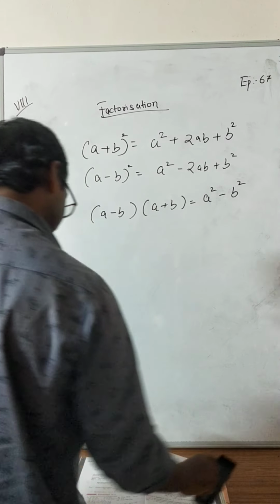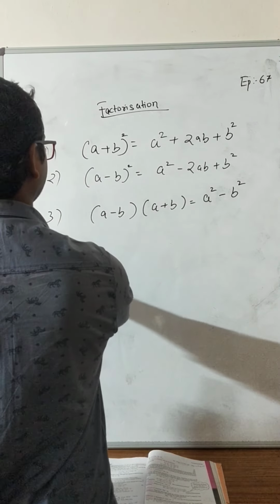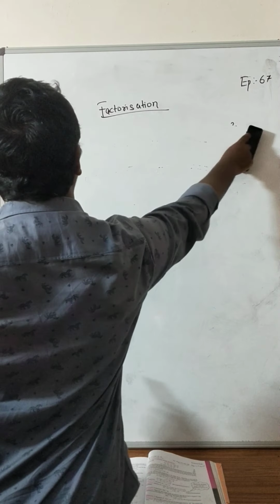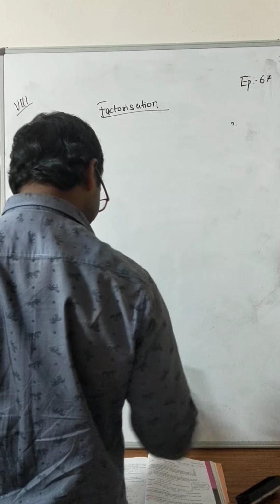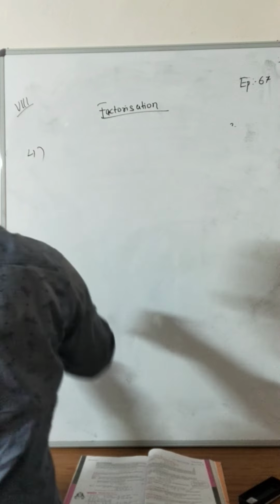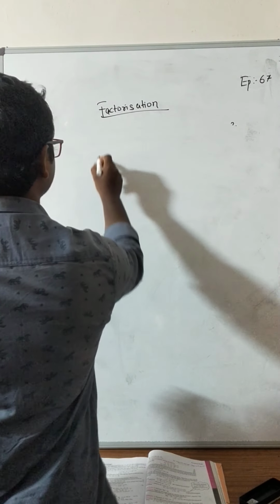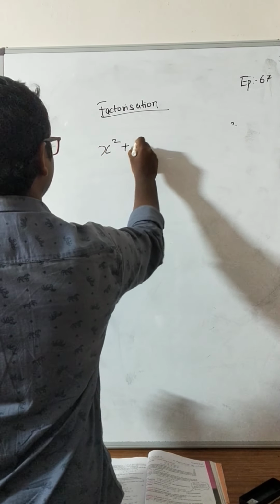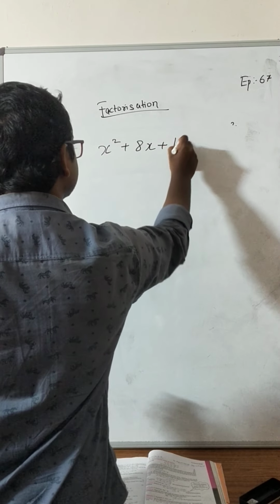Now look at the first one. Okay, now look at example 4. Example 4 is: factorize x square plus 8x plus 16.